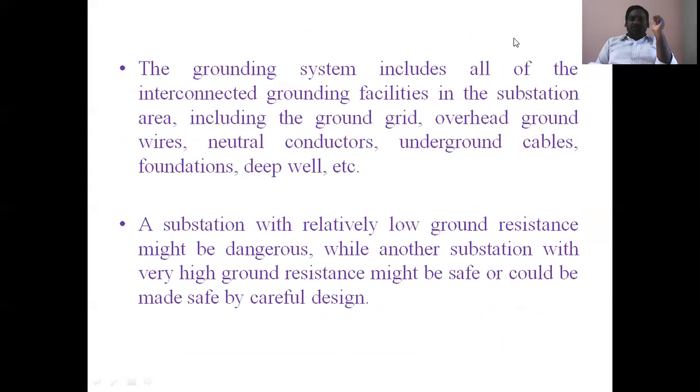A substation with relatively low ground resistance might be dangerous, while another substation with very high ground resistance might be safe or could be made safe by careful design. This is about the grounding of a substation. By using these careful design techniques, we will ground the substation. Thank you.